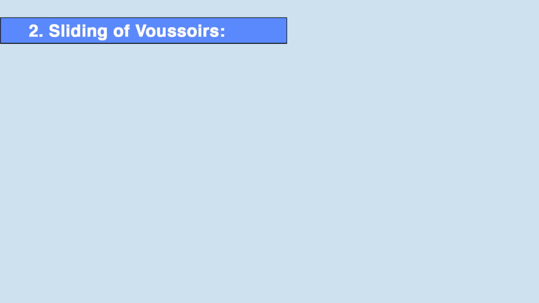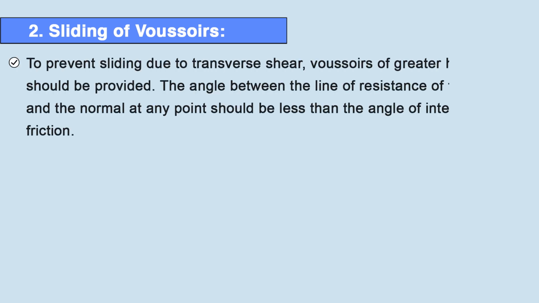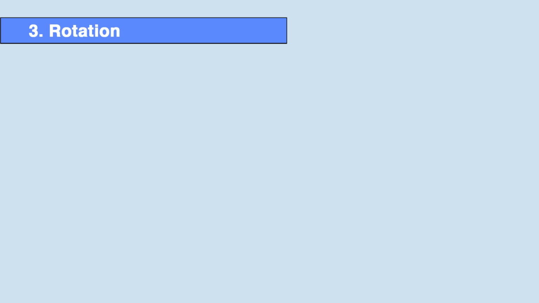Now, the second failure criterion is sliding of voussoirs. To prevent sliding due to transverse shear, voussoirs of greater height should be provided. The angle between the line of resistance of the arch and the normal at any point should be less than the angle of internal friction.